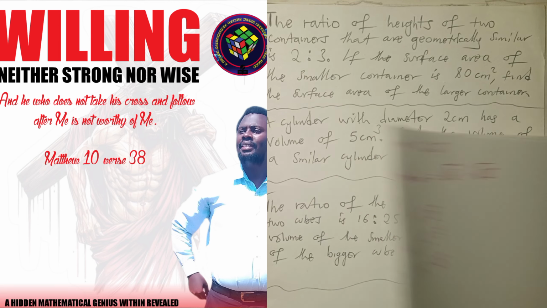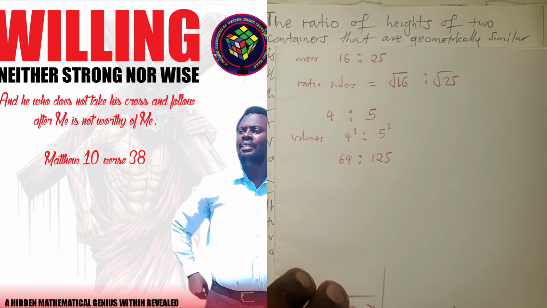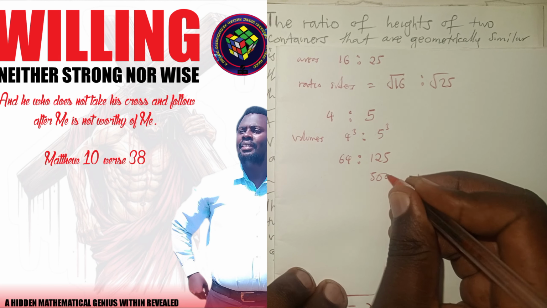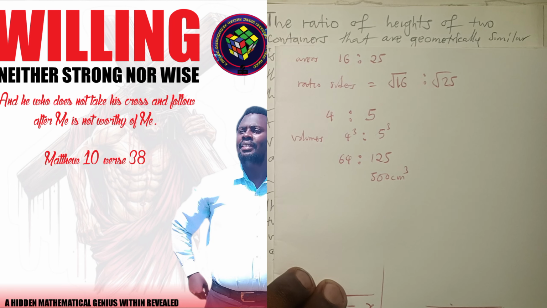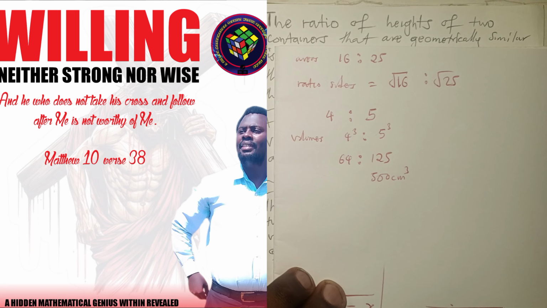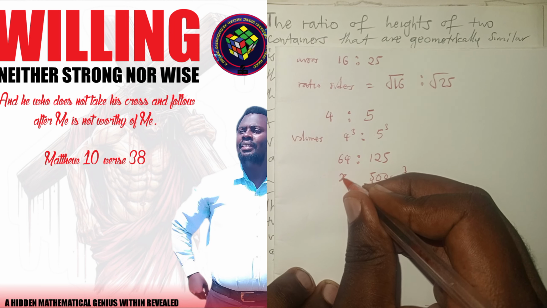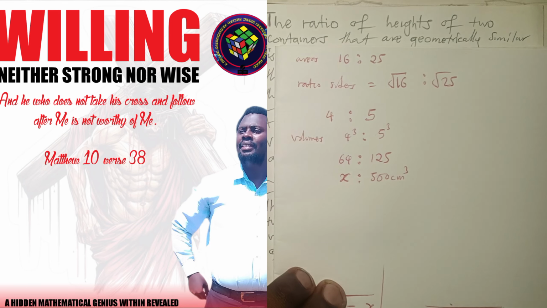So here, we are told that the volume of the bigger cube is 500 cubic centimeters. So bigger is 500 cubic centimeters, so you put it under the bigger ratio there. Then since we are looking for the smaller cube, you put x there. Then you cross multiply.